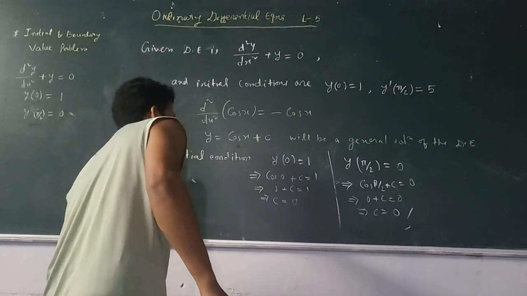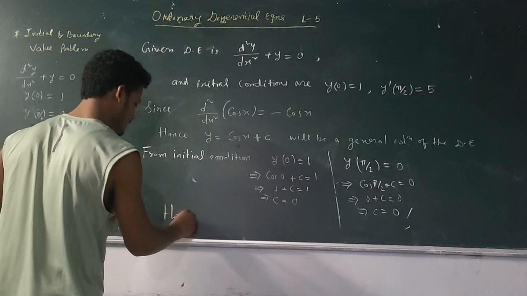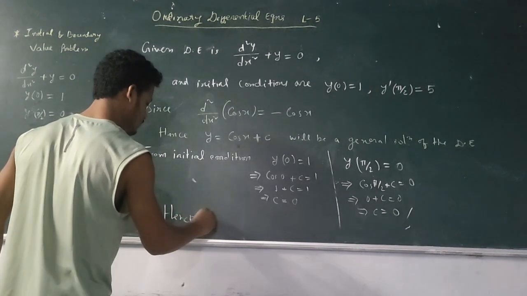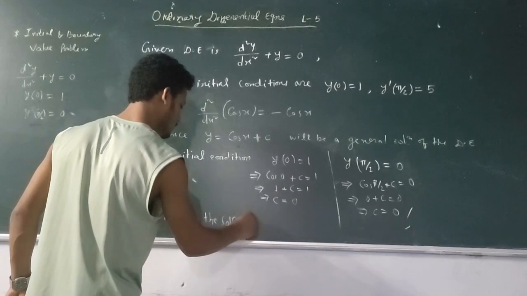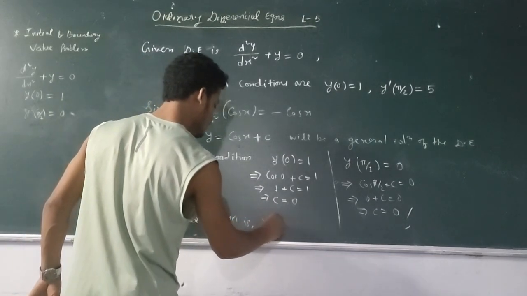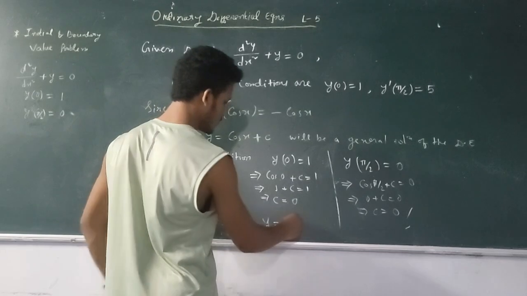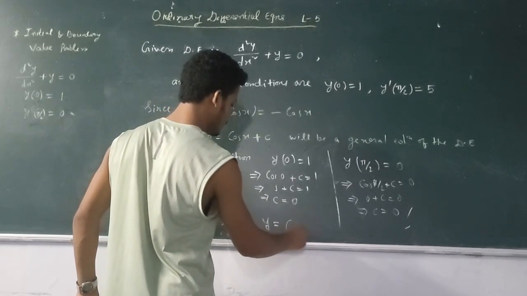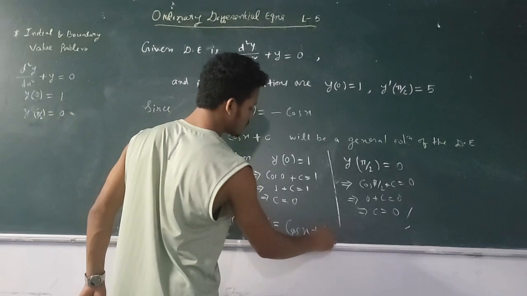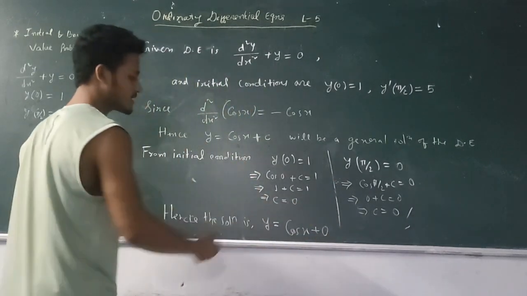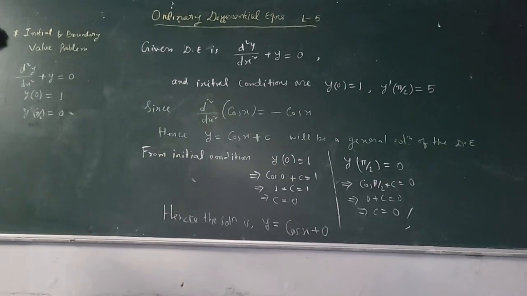So this boundary value problem has a solution, and the solution is y is equal to cos x plus 0. This is the solution that satisfies this boundary value problem.